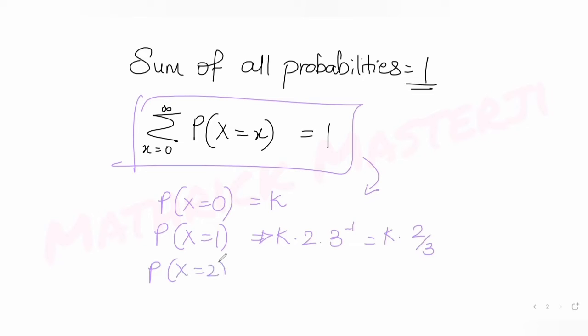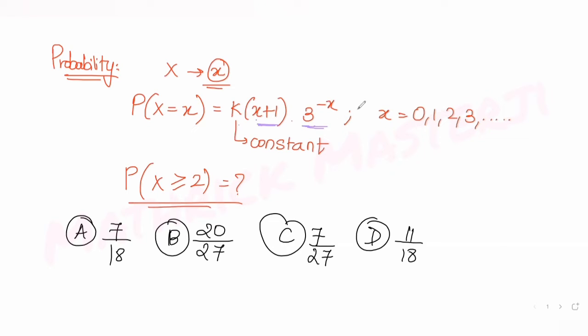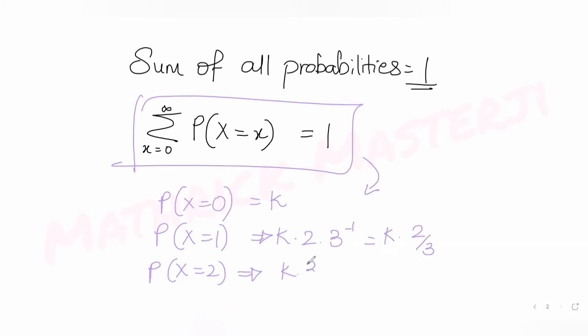Probability at x = 2: k into 2 plus 1, which is 3, and 3 raised to minus 2, so k into 3 over 3 square. Then probability at x = 3 gives me k into 4 into 3 raised to minus 3, which gives k into 4 over 3 cube. So k into 4, not k divided by 4.